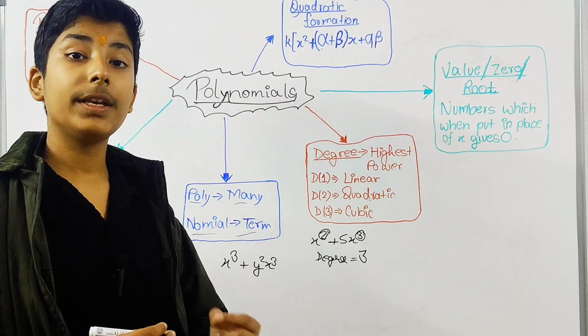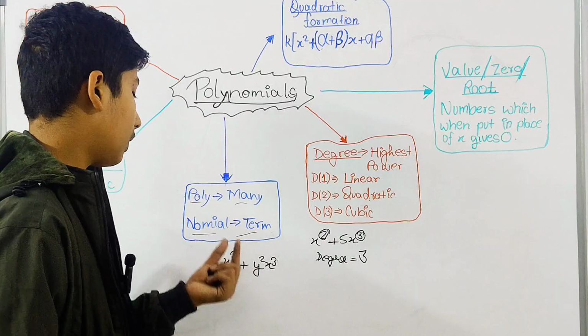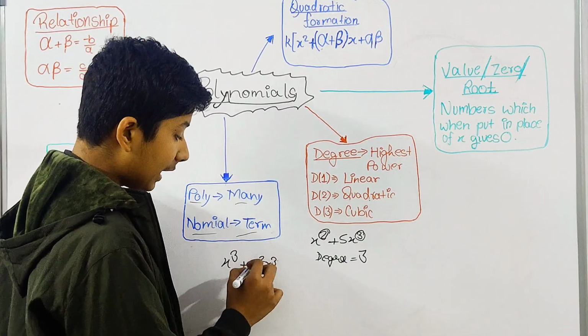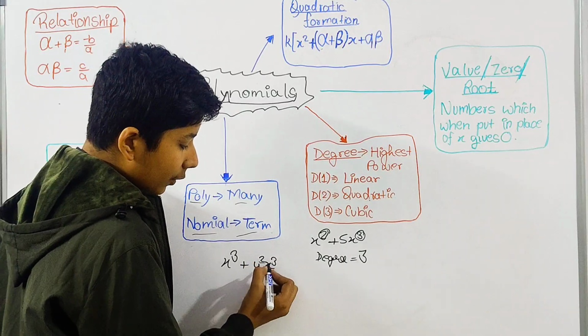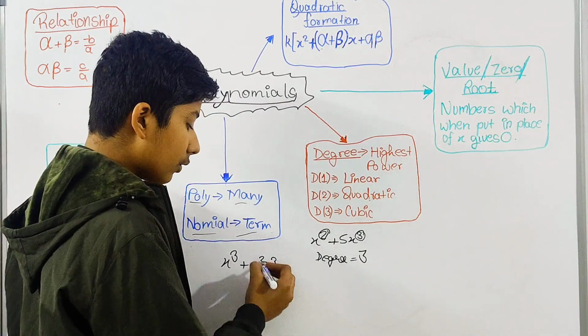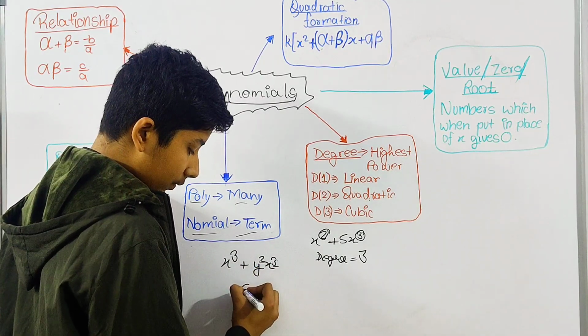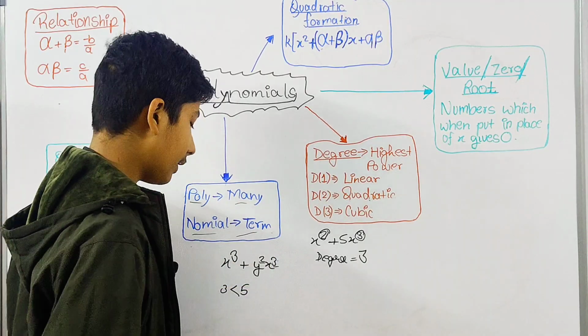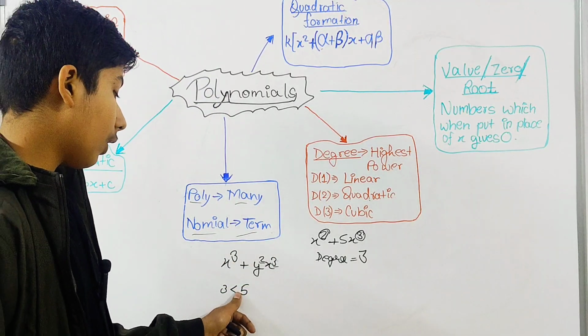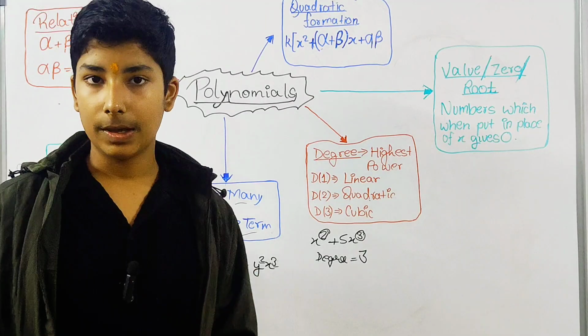But if any two variable terms are getting multiplied with each other, so the power will be added. So here is the power 2 and here power is 3. So 2 plus 3 will be 5. And here it is 3. So 5 greater than 3. So the degree of this polynomial will be 5.